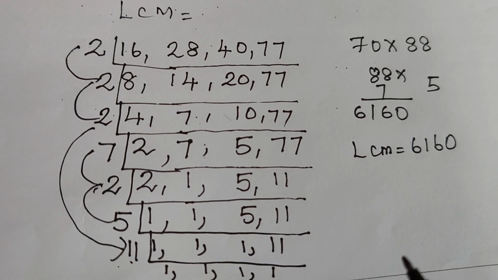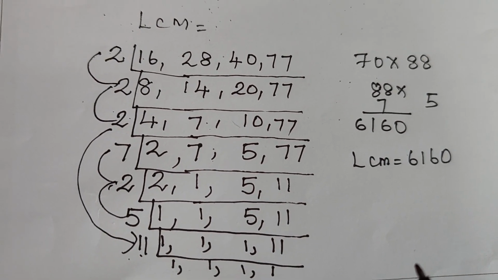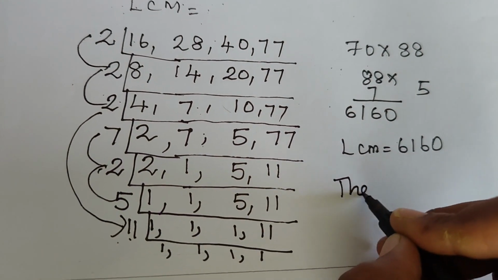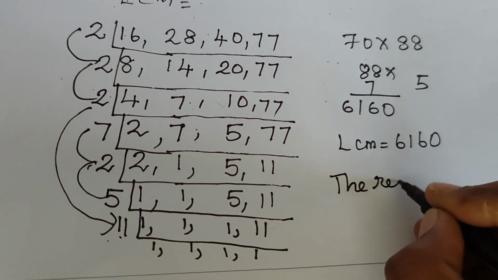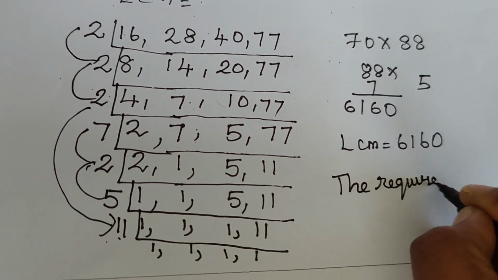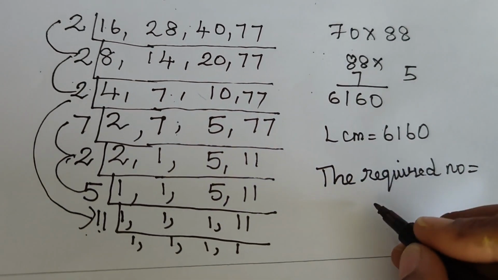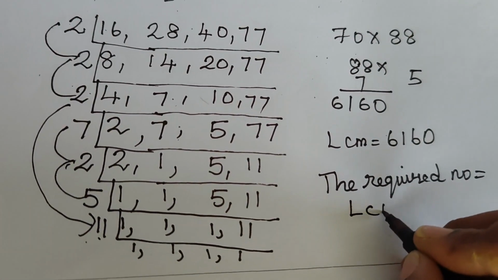Here they are saying that after division you will get a remainder 8. So the required number is, you add the remainder to the LCM.